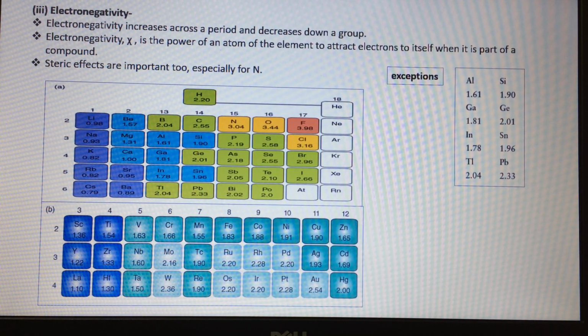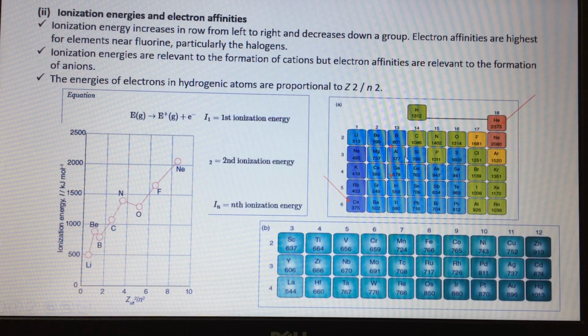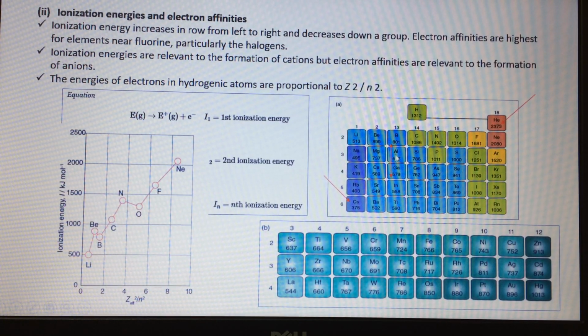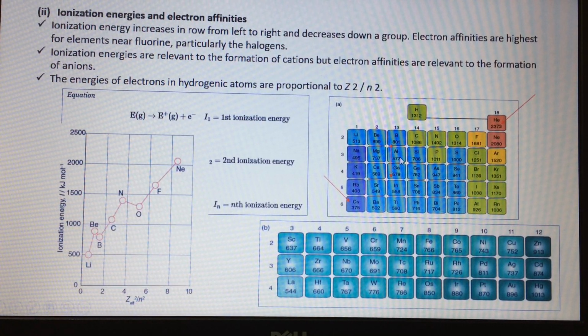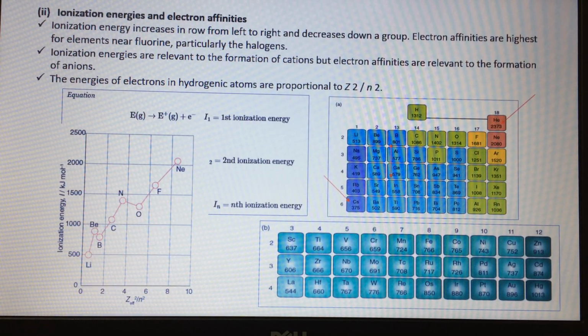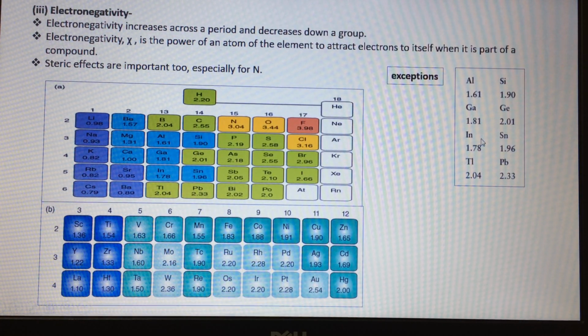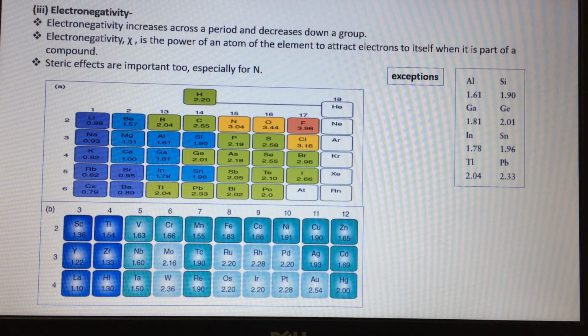Earlier I read, if you see this trend, the ionization energy increases, but it should decrease. So here it was some alternation effect due to the intervention of the 3D subcell, and here also the same thing happened due to the alternation effect due to the intervention of the 3D subcell.